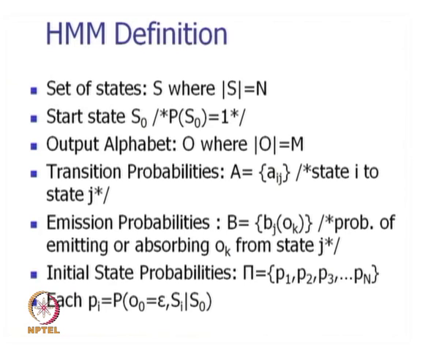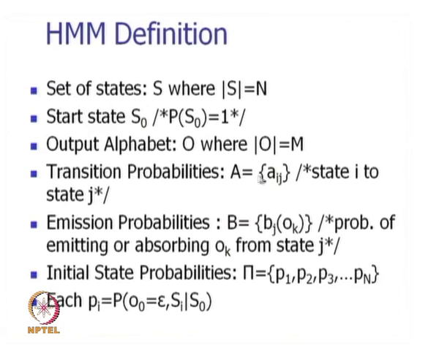We go back to the definition of the hidden Markov model, because this will be required for forward and backward probability calculation. The set of states is S, where the number of states is equal to n. The start state is S 0 and probability of S 0 is equal to 1. The output alphabet is O, where the number of output alphabet symbols is m.